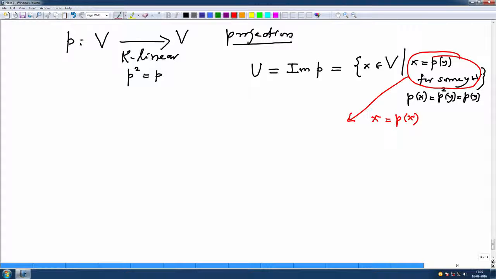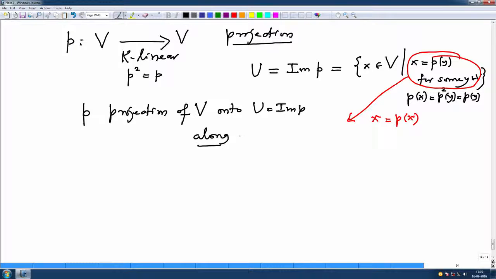So, in our definition, remember we have said that P is a projection of V onto its image, but image is U, onto U, this is image P. Now, I want to write along whom? Along the kernel P. So, what is kernel P?